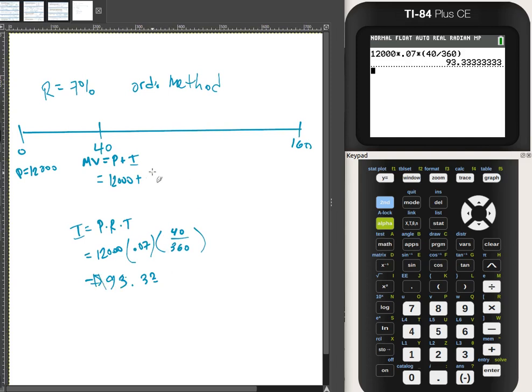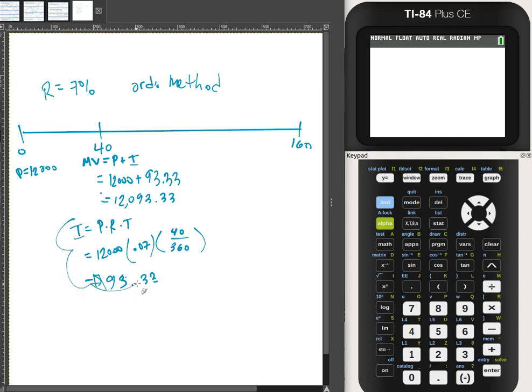So if we add the $93.33 to the principal, we will get the little maturity value for day 40, which this addition is actually easy enough to do. It's just going to be $12,093.33. And now we're ready at this point to make our little partial payment.